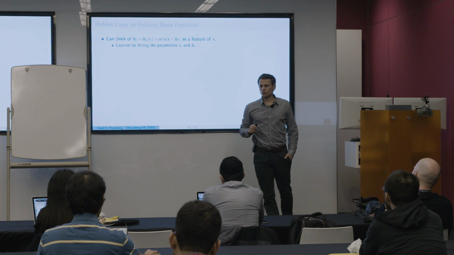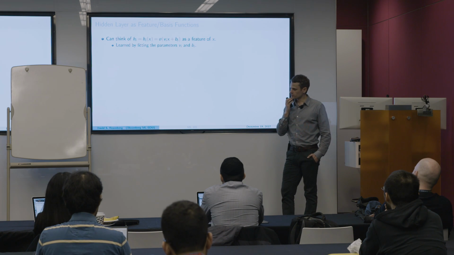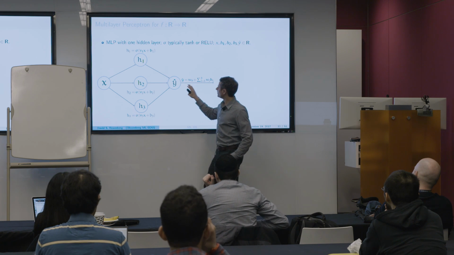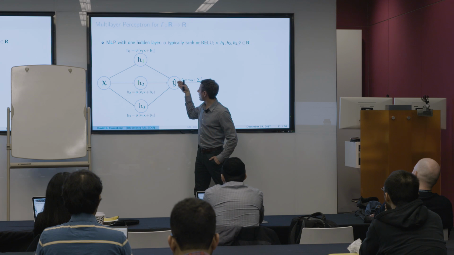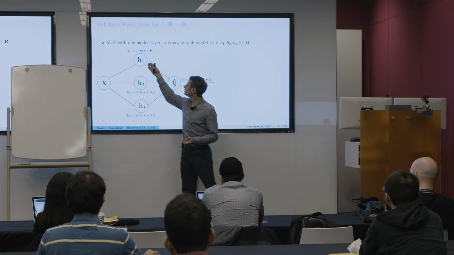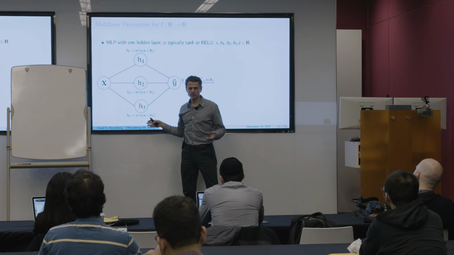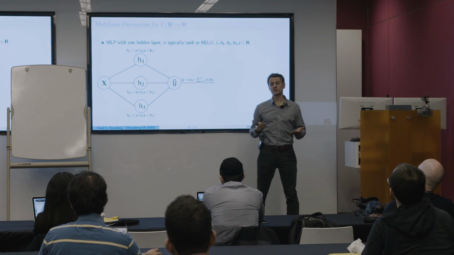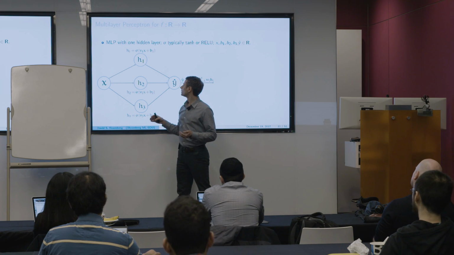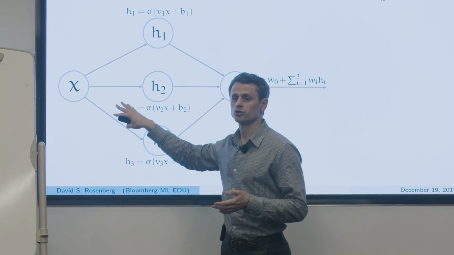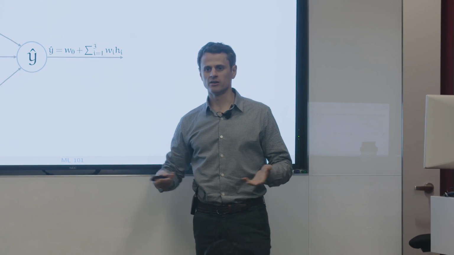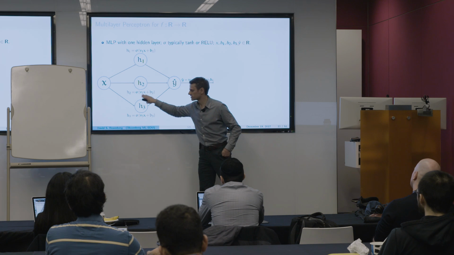So one way to think about the hidden nodes is as features. If we were doing a linear model, we would be focusing on this part. So y hat is a linear combination of h1, h2, and h3. In linear modeling, we have to come up with these functions h1, h2, and h3. Those are our feature functions. That's our featurization. So one way to think about a neural network is that it is, in some sense, learning the nonlinear features that we want to create out of x. It's learning them from some parameterized set of feature functions like this.